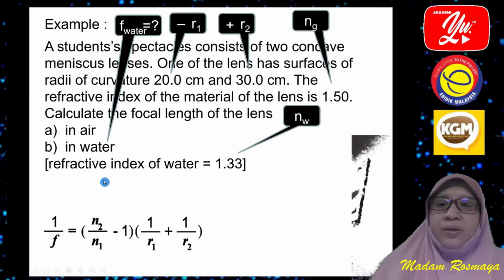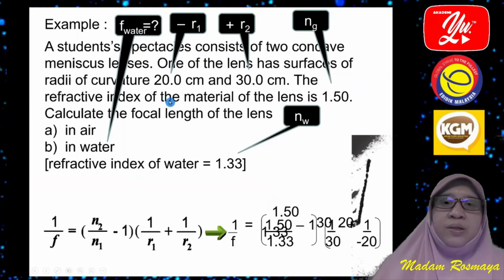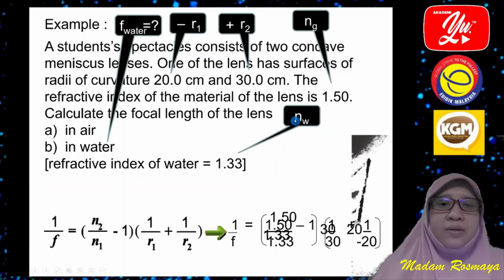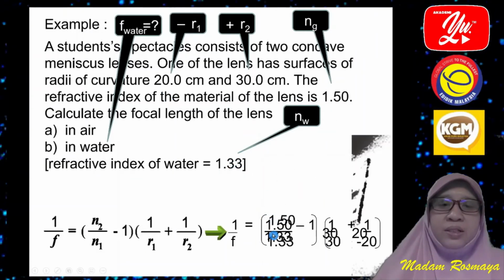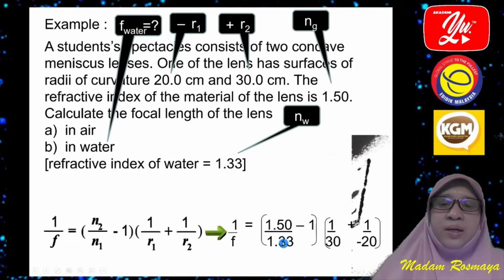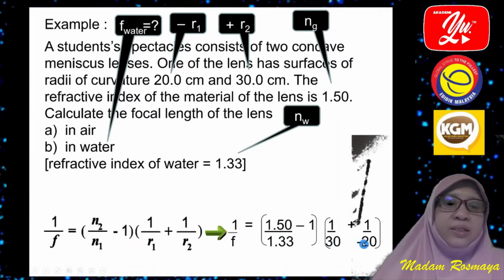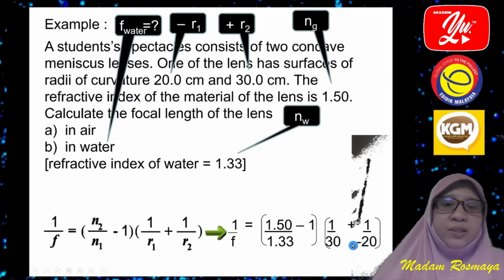Now we substitute the values of n, where n2 is the lens and n1 is the water, and then R1 is 30 and R2 is negative 20.